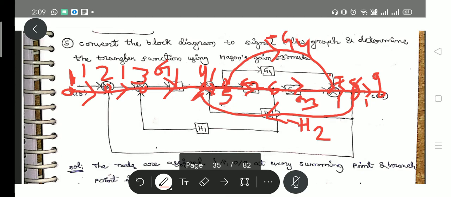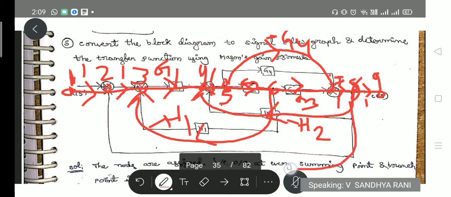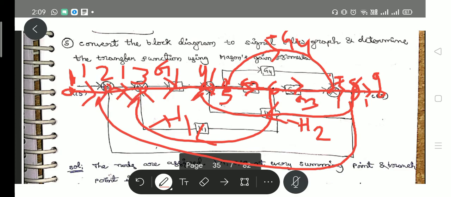Then from 6 to 3 another feedback is there, that is H1, and minus is there in the feedback, so minus H1. Then we draw 8 to 2, another feedback, where there is no element, so I am taking 1.